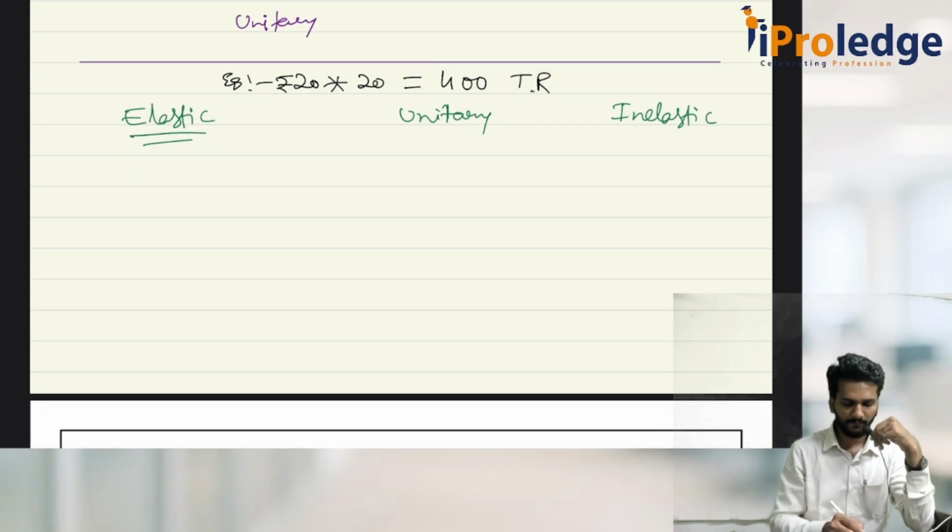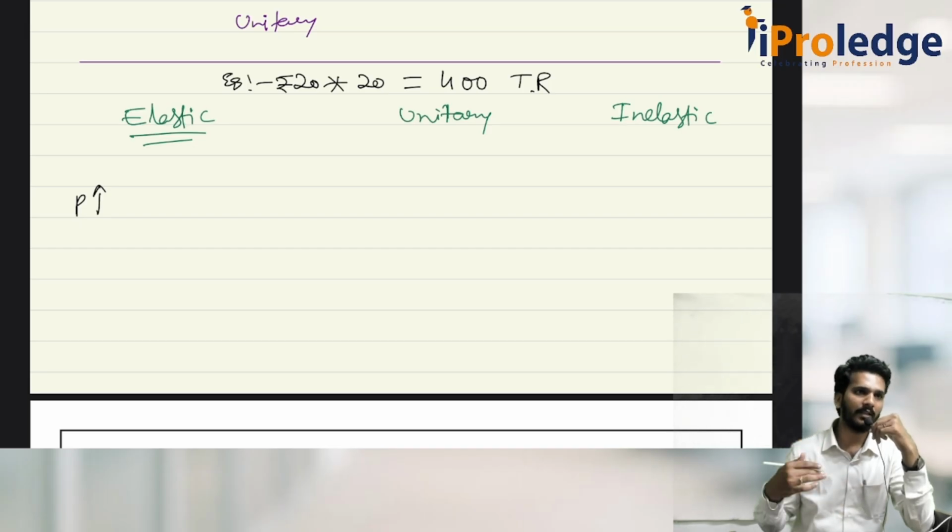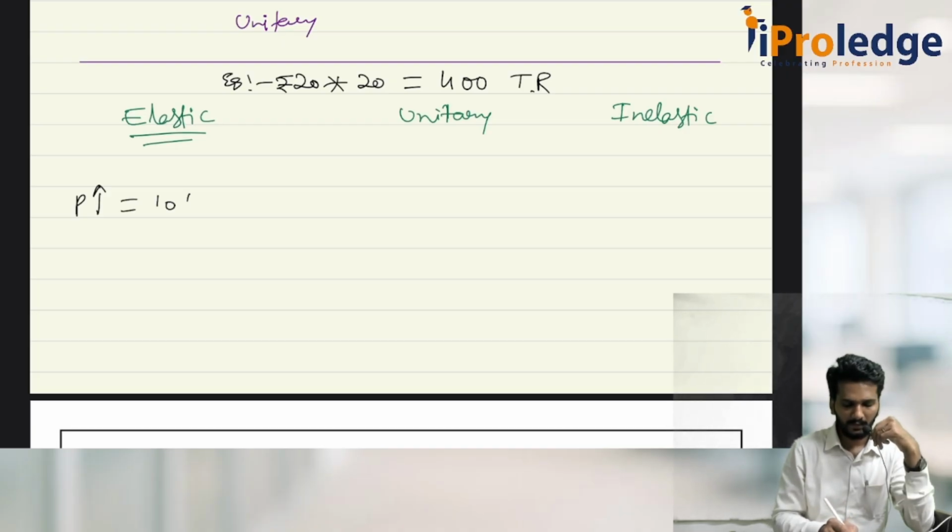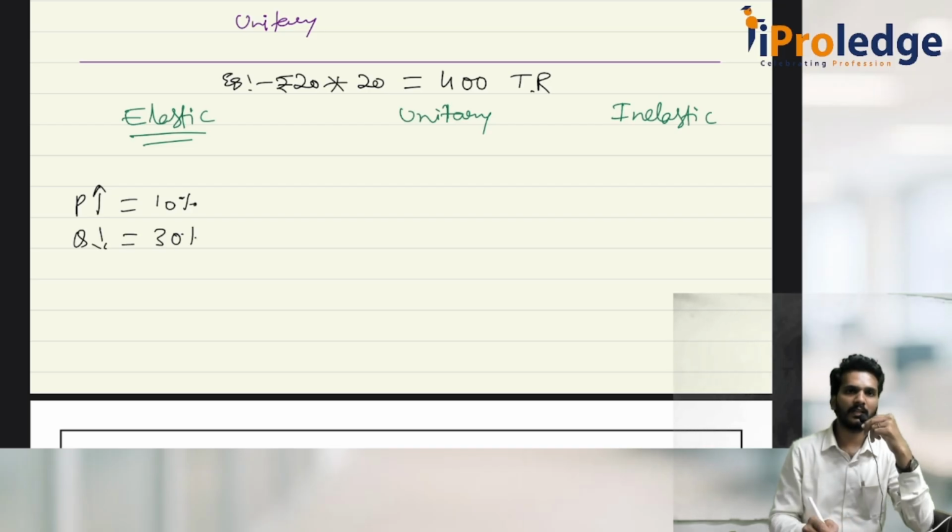Now what is elastic? The price increased. I'll take the first example of increase in price, then we can discuss the price decrease part also. The price increased by 10%, leading to a quantity decrease of 30%. That is what we call elastic. Demand responds too much.